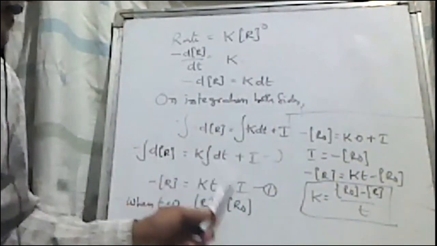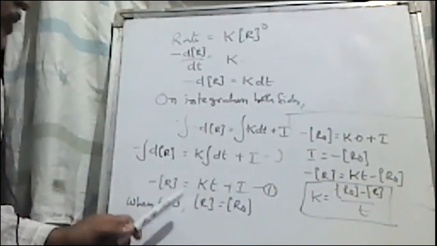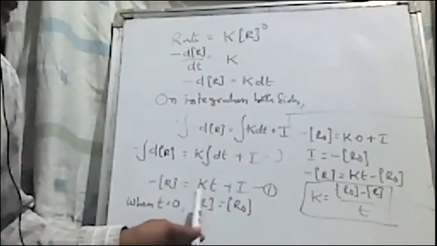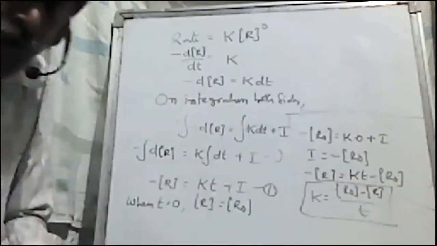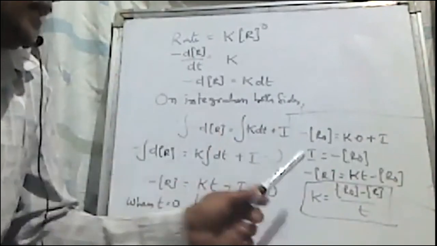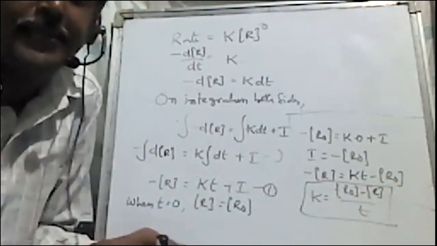In order to complete this equation, we need to know what is the I value. I is given as, when t is equal to 0, R becomes R naught. Then if I substitute this R value and t value in equation 1, I will get I is equal to minus R naught. If I take this R naught to the other side, then k becomes R naught minus R by t.